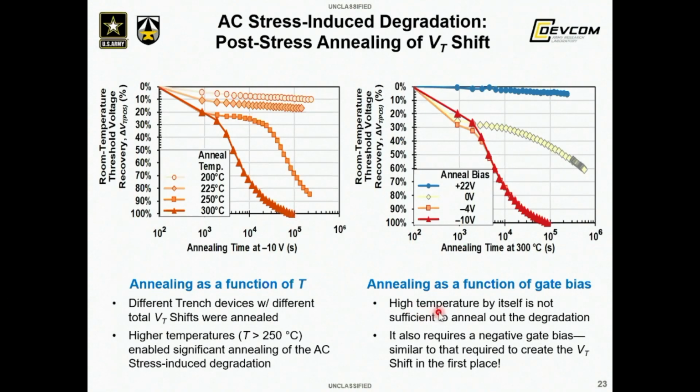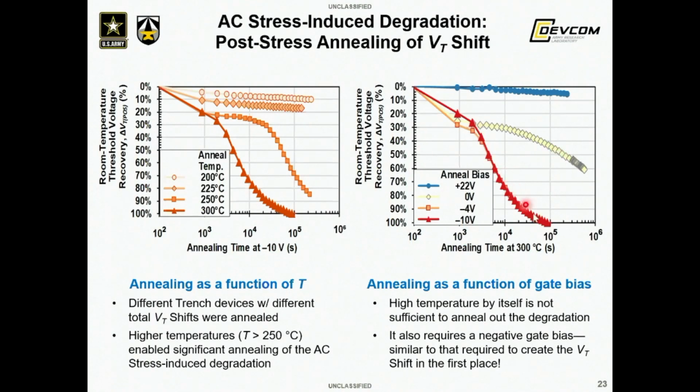But it also requires that high temperature alone is not enough. It also requires a negative bias. So here showing the variation in annealing with applied bias. Positive bias +22 results in almost no annealing. 0 volts, about half of the shift is returned.